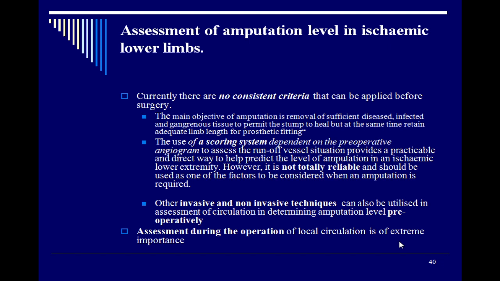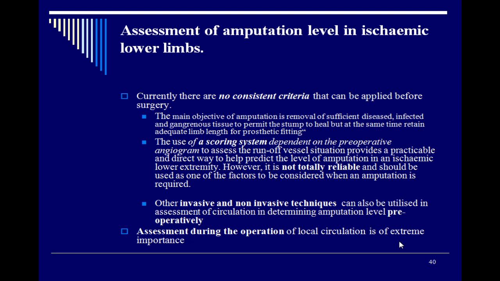The use of the scoring system based on the preoperative angiogram to assess the run-off vessel situation provides a practicable and direct way to help predict the level of amputation in ischemic lower extremity. However, it's not totally reliable and should be used as one of the factors to be considered when the amputation is required.